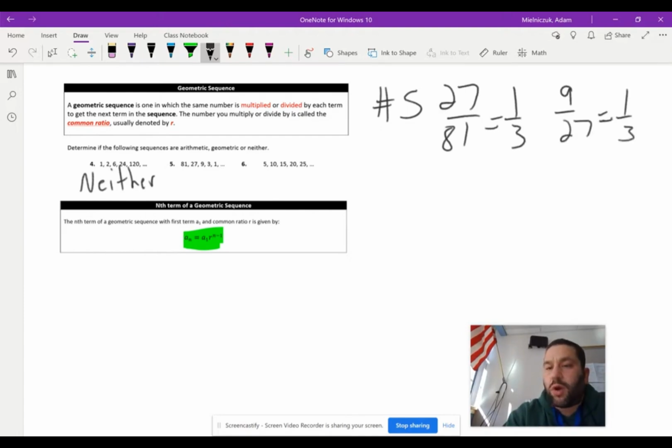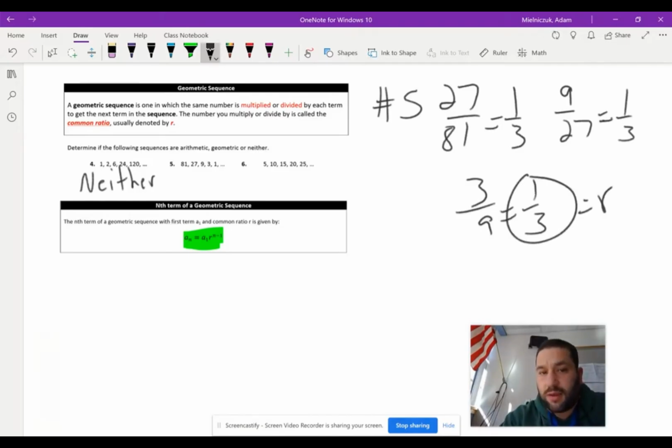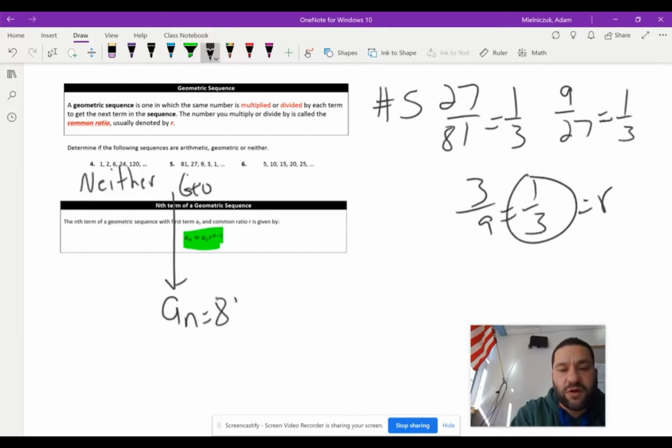Again, you get 1/3. What's 3 over 9? Again, you get 1/3. So what we did is we found that our common ratio is r just by doing that. So this is geometric, and the equation for it would be a sub n is equal to our first term times 1/3 to the n minus 1 power.